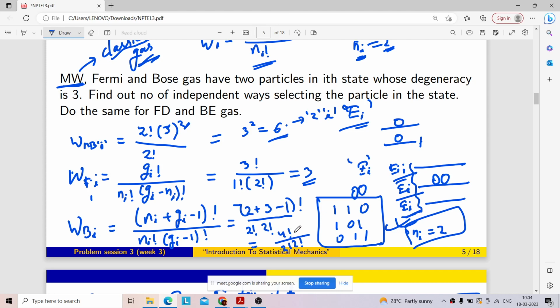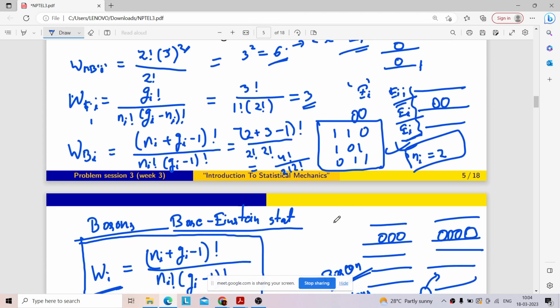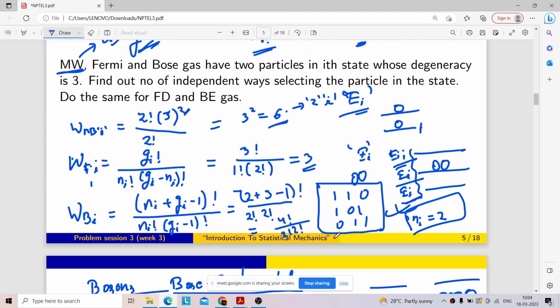So this is 4 into 3 into 2 divided by 2 into 2, which is 6. So I have 6 ways I can arrange this Bose gas in the ith state with energy Ei, and its degeneracy is 6.